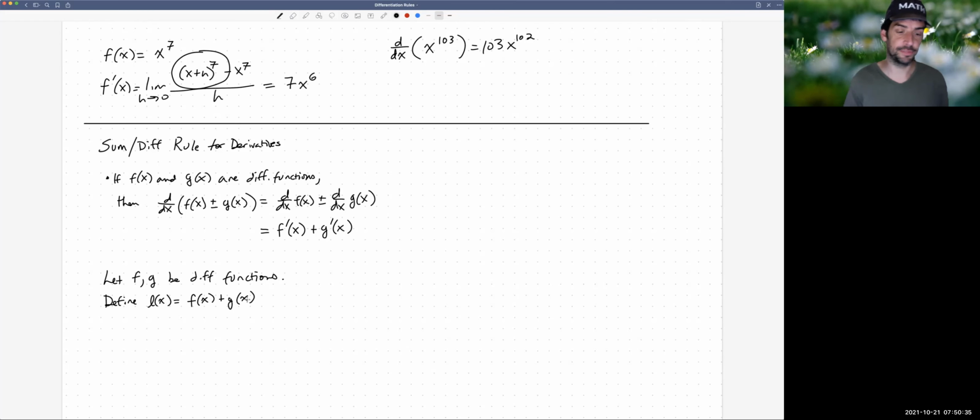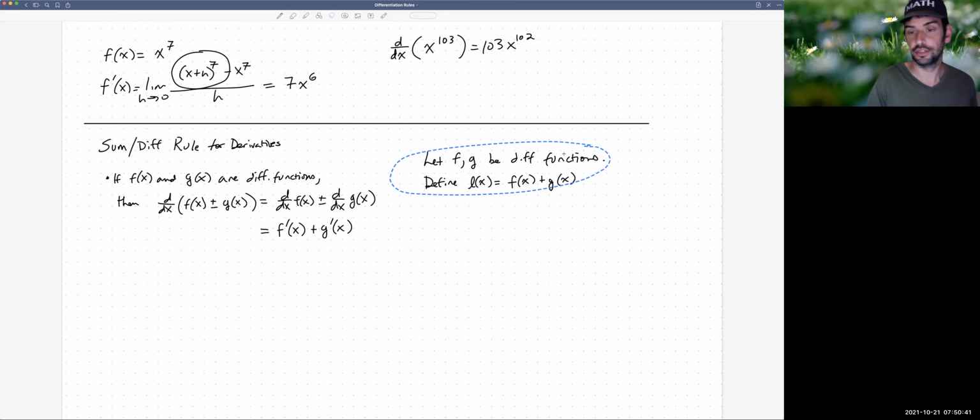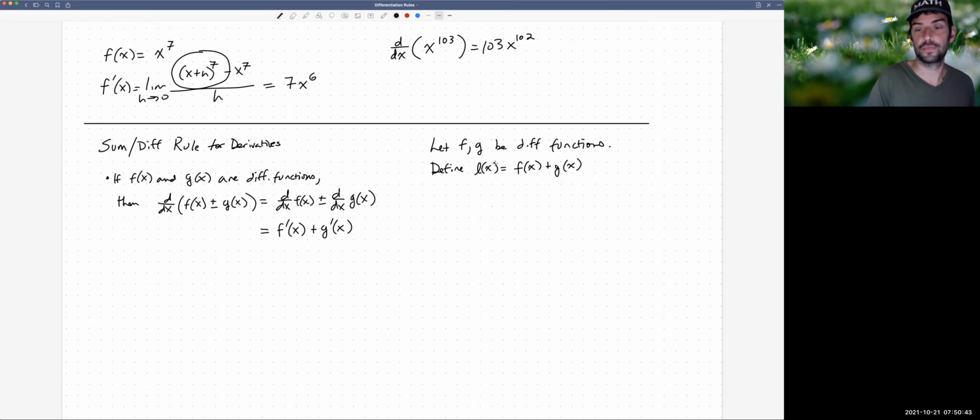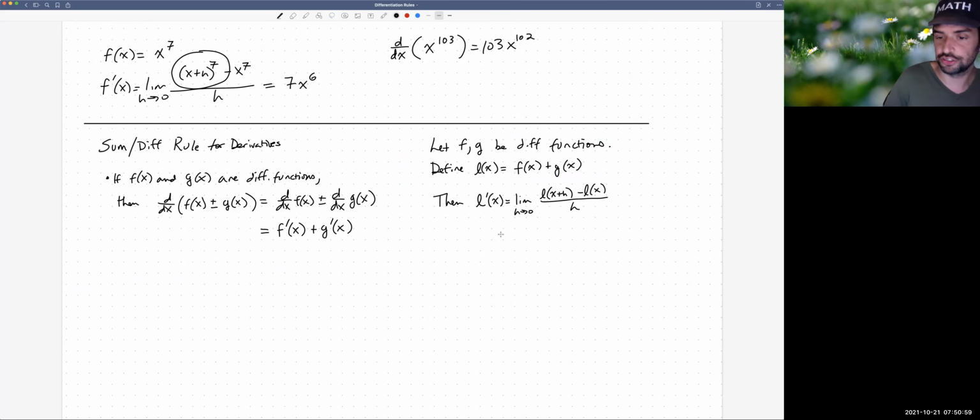So let L of x be the sum of these two. Let's bring this over here so we can have some space. Then L prime of x is equal to the limit as h goes to 0 of L of x plus h minus L of x over h. That's just our definition.